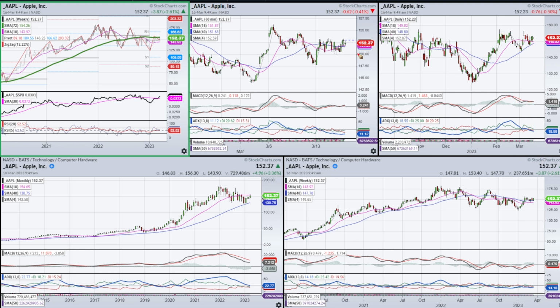So don't be surprised if this tries to punch up through and make a little bit of a move, all in the context of maybe a bigger trading range. I don't know that this is the start of some big bull market again. I would view this more as a short to intermediate term little swing trade.